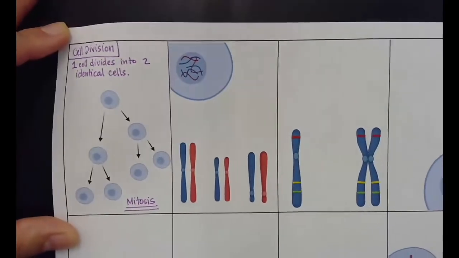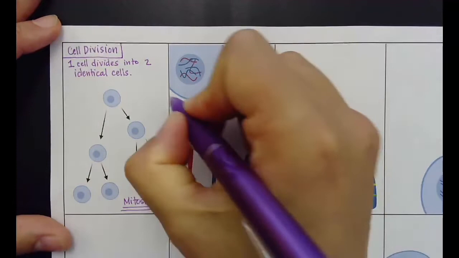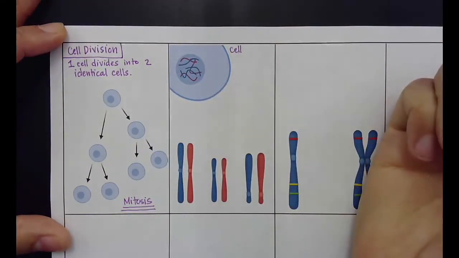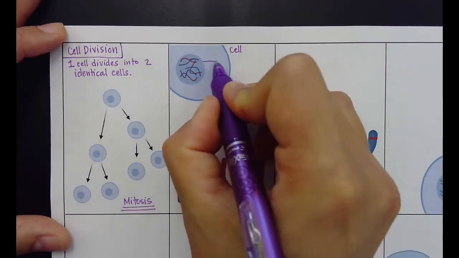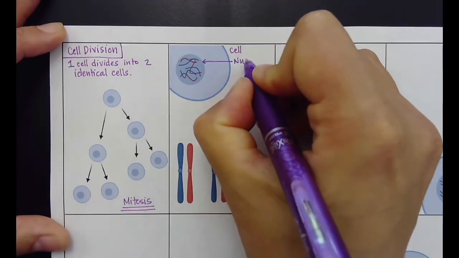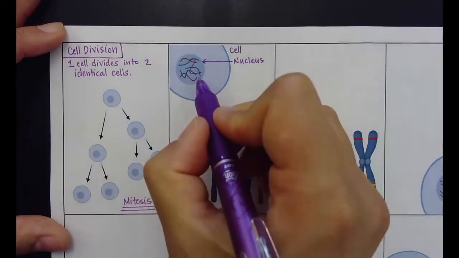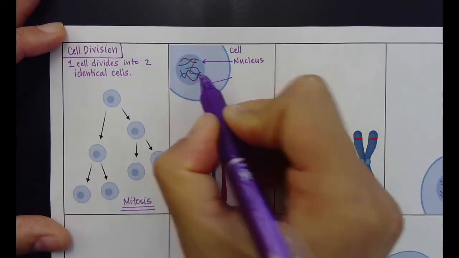So let's zoom in on this process. So what I have here is I have a cell, just a regular ordinary cell. Inside of the cell is a nucleus. And inside of the nucleus are the unreplicated DNA.